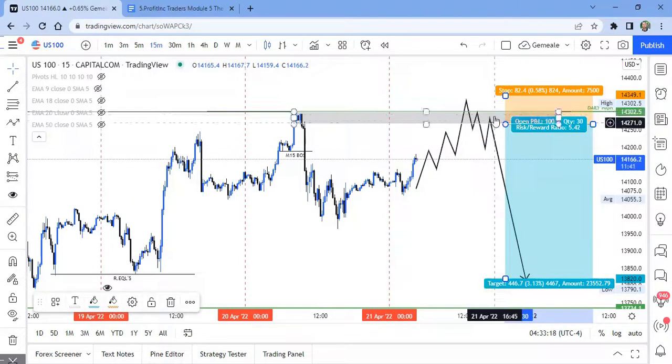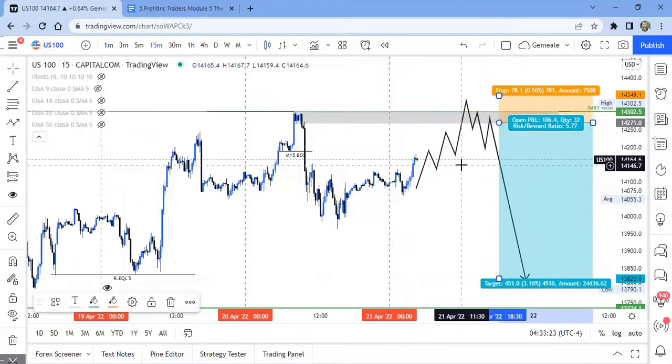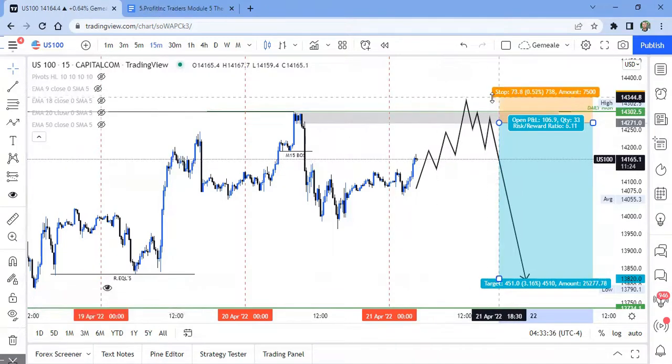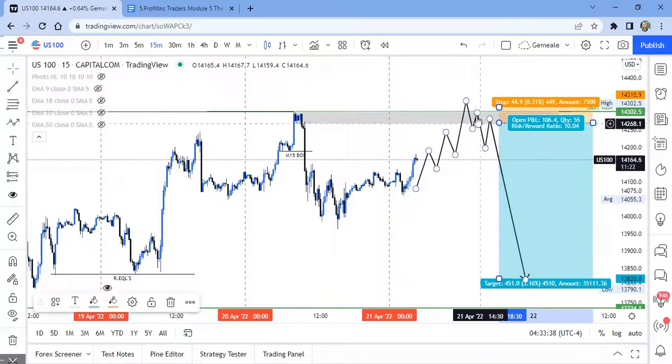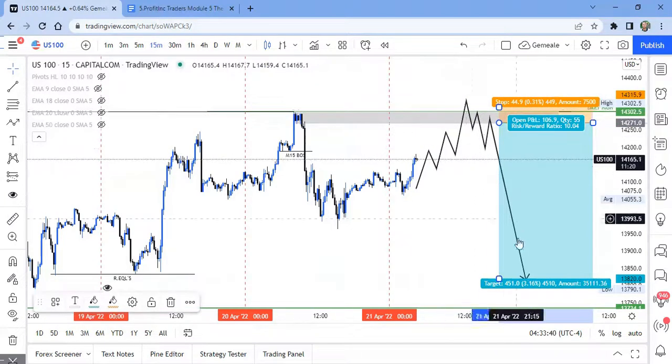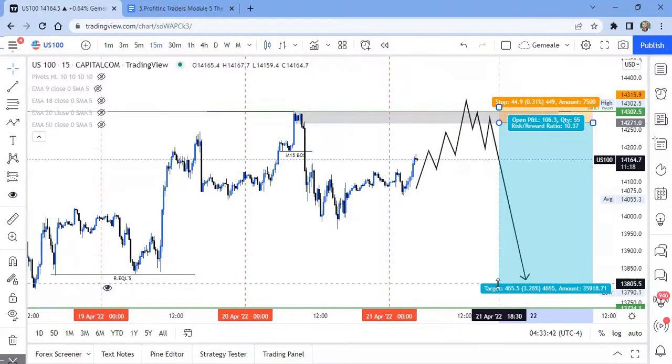Once we see that, we can enter on the pullback up, and we can use probably a candlestick pattern, bearish engulfing, or some type of candlestick pattern that you are familiar with, or you can just enter the trade after the pullback. That's what I usually do. And we can have our stop loss above the previous lower high, and then we can aim for our target here.